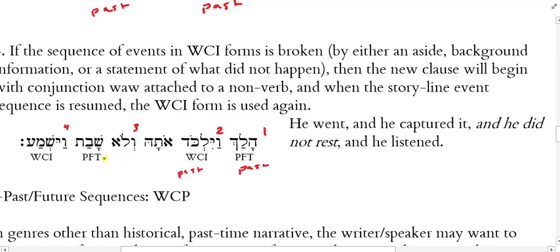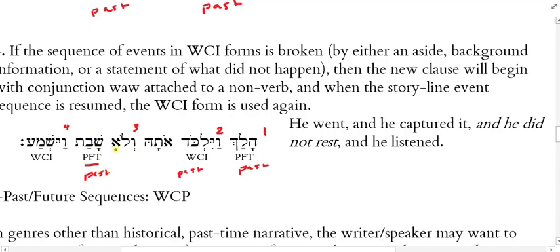Velo shavat. So I'm going to have a vav with a non-verb. Here it's the negative particle. Velo shavat. And now I've got a perfect. Okay, when I break up the sequence, typically I'm going to use a vav pointed normally with a non-verb and then a perfect, which will still be past.